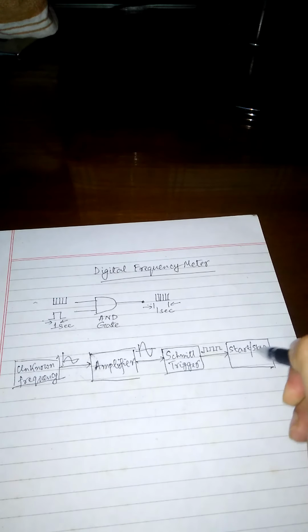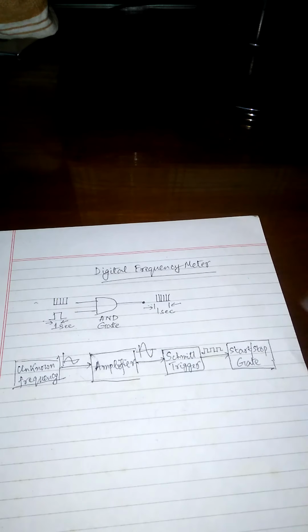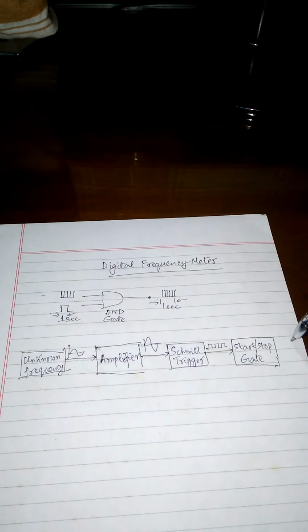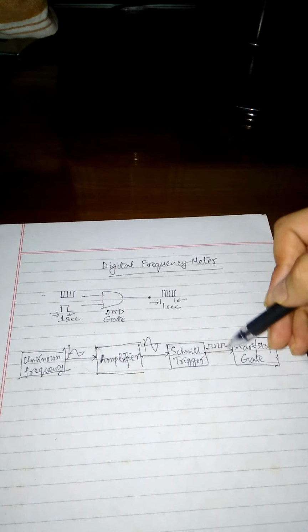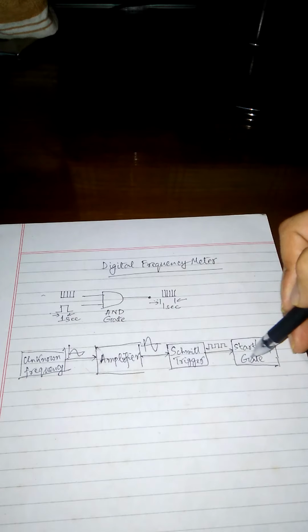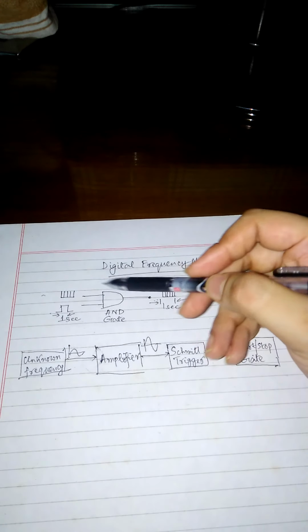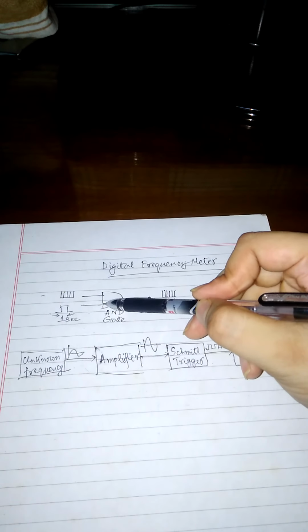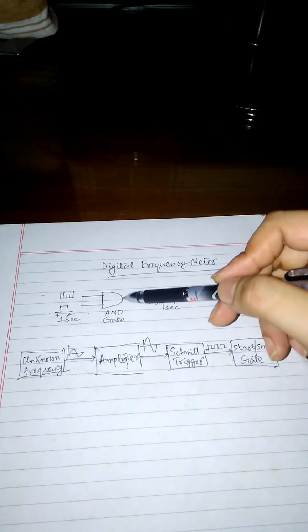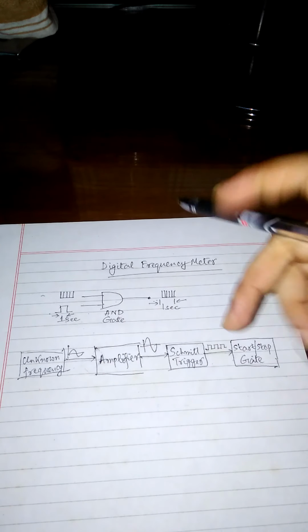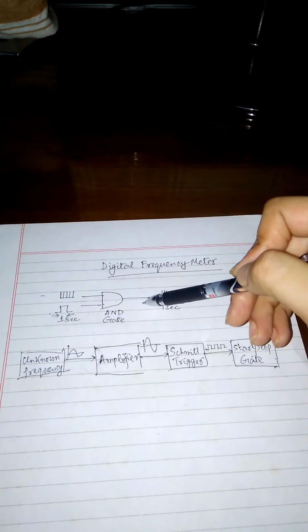Why do we call it a start stop gate? Because its nature is that it is enabled for a particular predetermined time. For this gate we have to put a clock pulse. This clock pulse enables the AND gate for a particular time, and after that the gate is going to be in disabled condition.